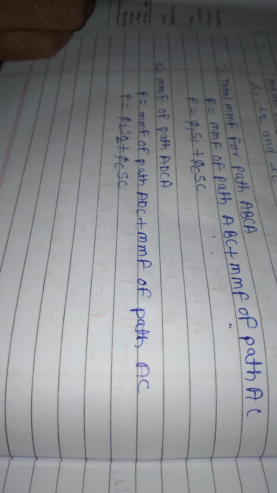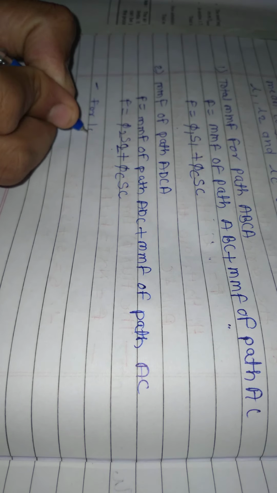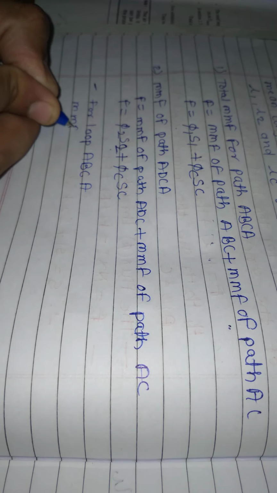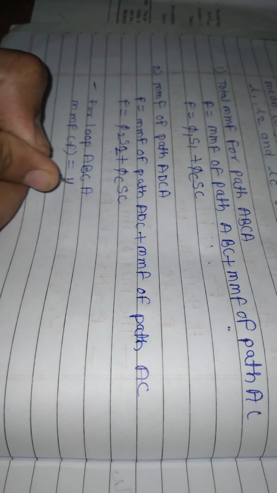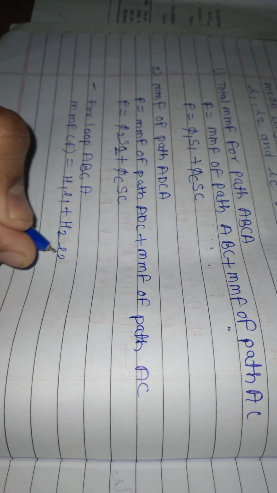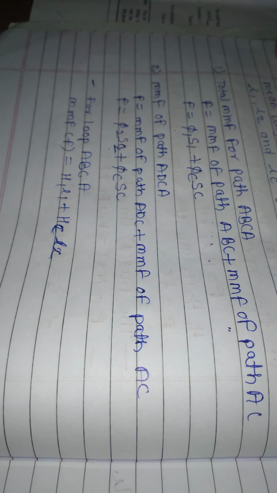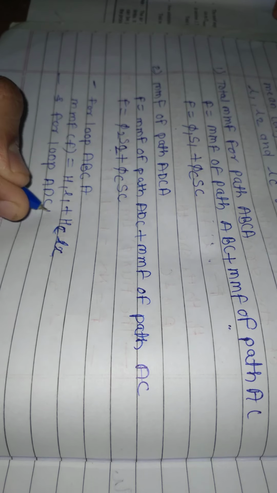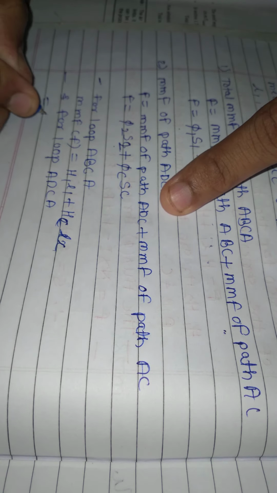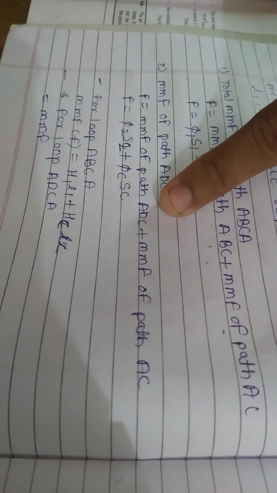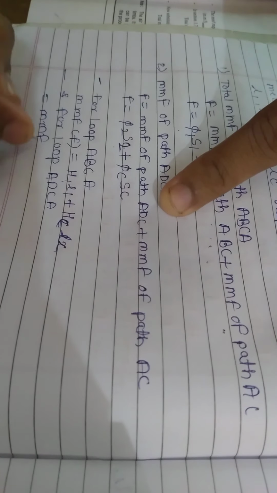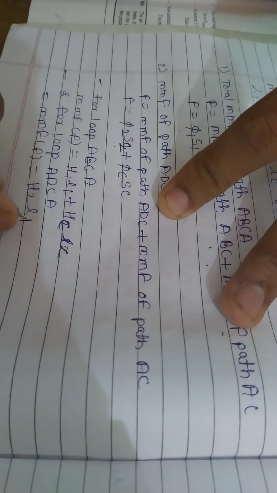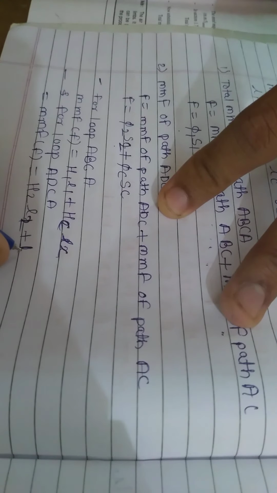The total MMF can also be expressed as follows: for loop ABCA, MMF F is equal to H1 L1 plus HC LC, and for loop ADCA, MMF F is equal to H2 L2 plus HC LC.